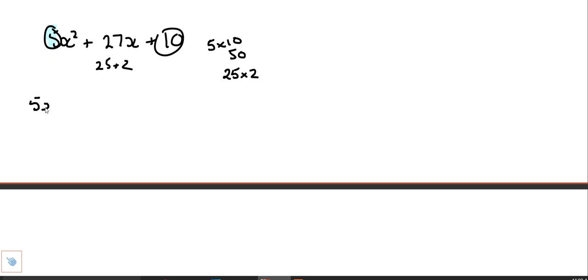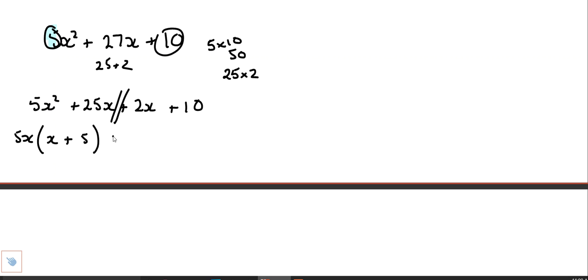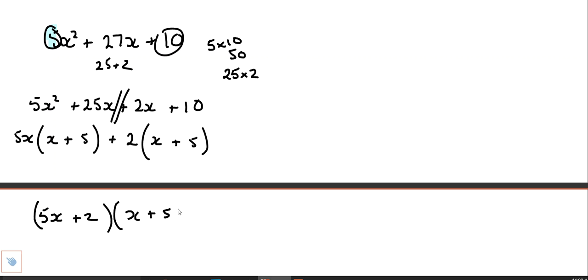So I've got 5x squared plus 25x plus 2x plus 10. I've split the middle term. I get 5x times x plus 5, and over here I've got plus 2 times x plus 5. Which if I factorise again, I get 5x plus 2, bracket x plus 5.